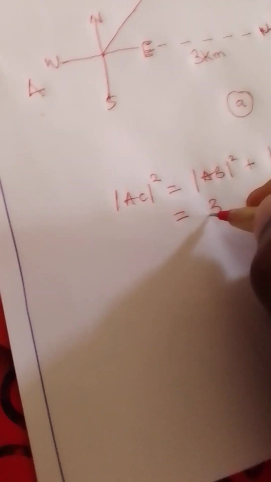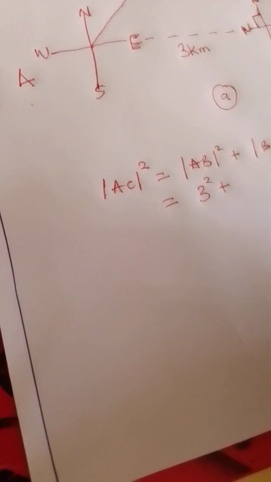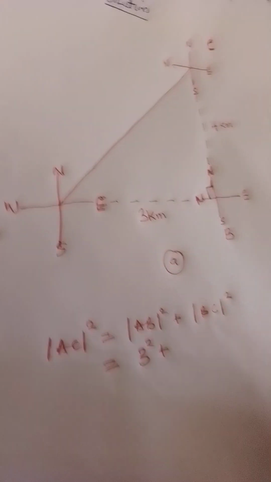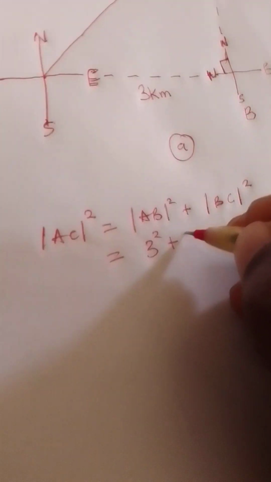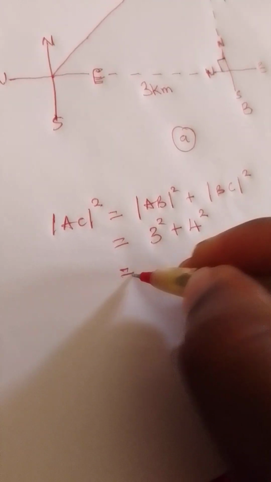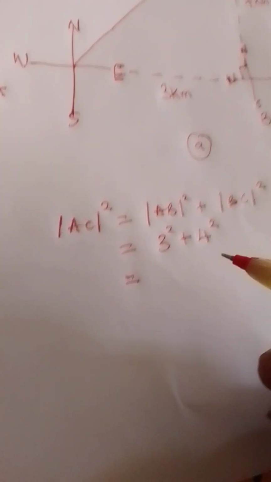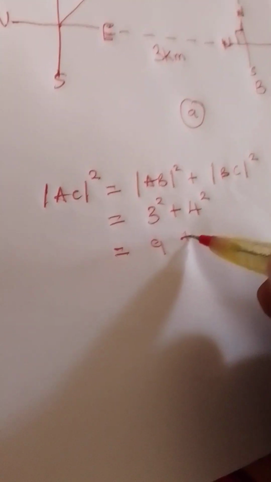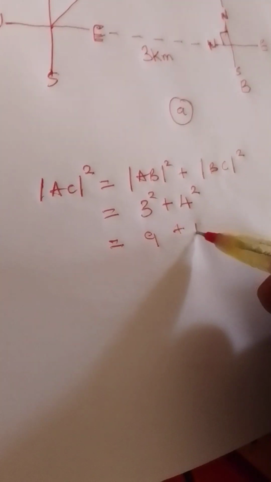So we have 3 squared plus line BC, this is BC, and that will give us 4 squared. Everything there will now give us 9 plus 16, and that will give us what?